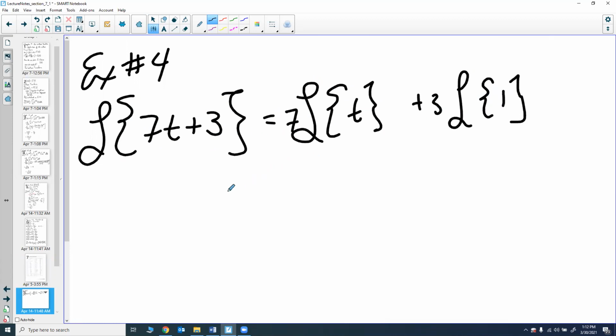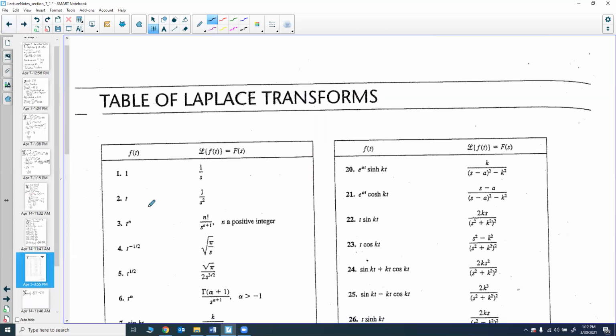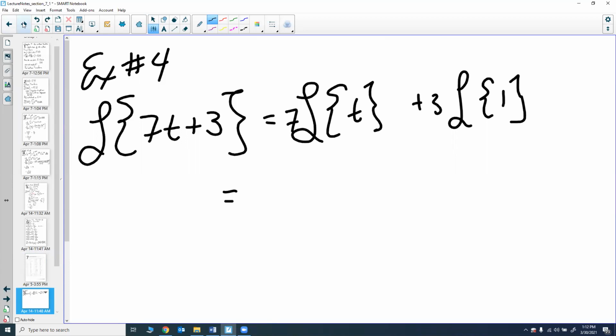Now we go back to our table and find the Laplace transform of t. Notice that's number 2 on this table, and that's 1 over s squared. The Laplace transform of 1 is 1 over s. So this is going to be 7 over s squared plus 3 over s. And that's it. That's all there is to finding these.